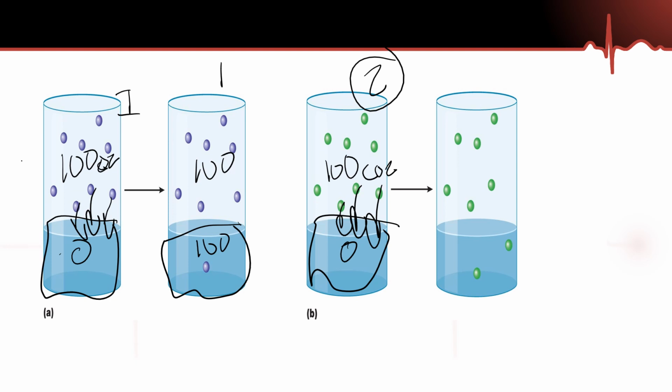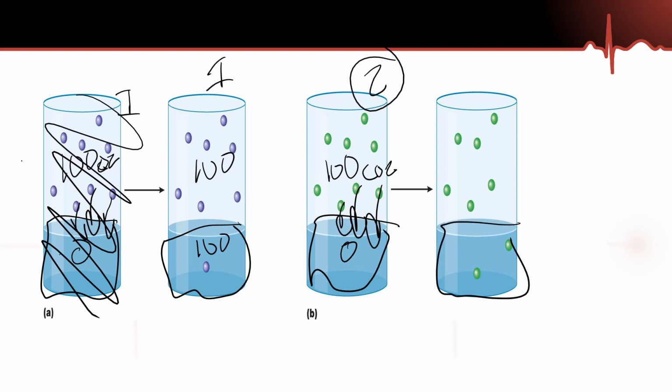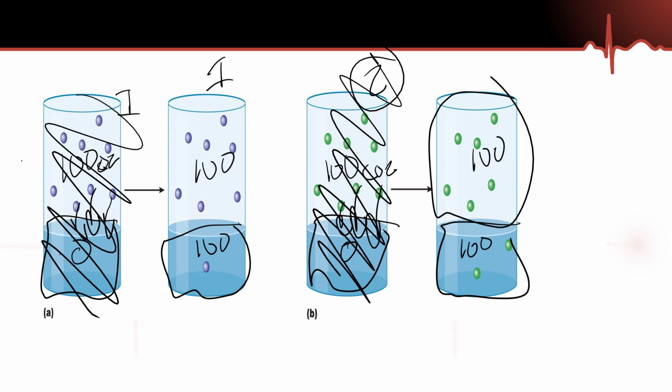That's going to be cylinder number 1. We can get rid of this. Okay? And in cylinder number 2, what happens is we're going to end up with the same thing. The partial pressure of carbon dioxide within the fluid will end up being 100, and the partial pressure of carbon dioxide within the air will end up being 100. Okay? That's cylinder number 2.